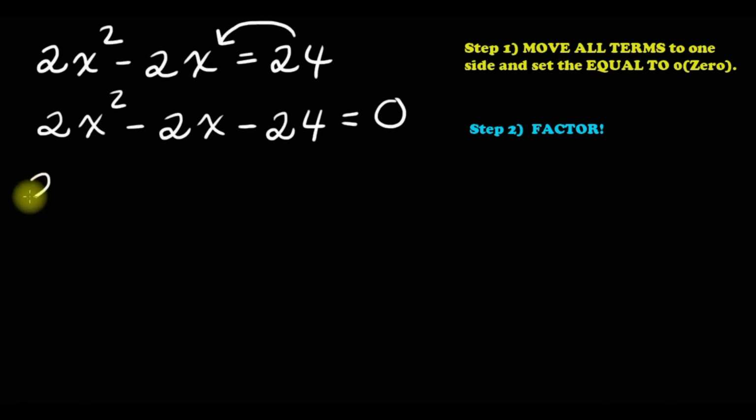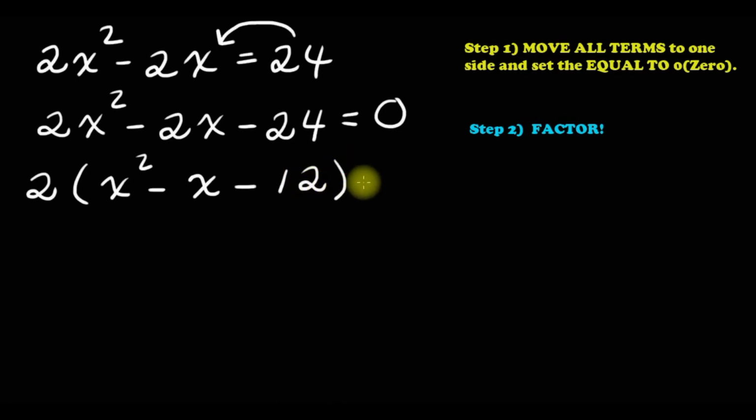When you pull a 2 out, you're left with x squared minus 1x, and then here, 2 goes into 24 12 times, and then equals 0. So we pull out the 2, and 2 happens to be one of the factors.